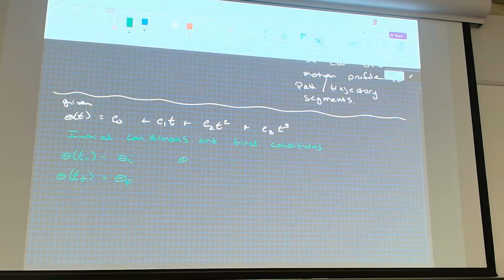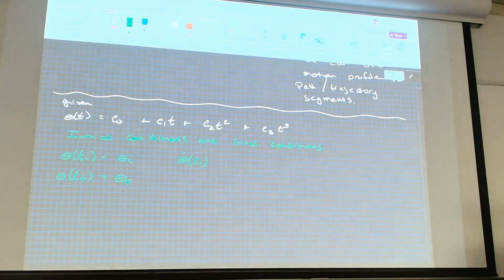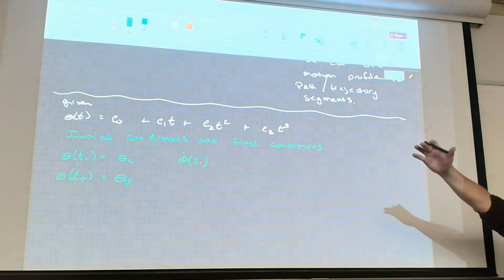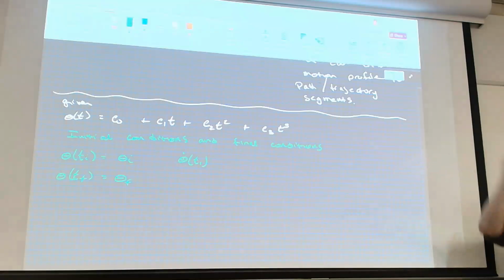Now, theta dot at t initial, so my starting velocity, it could be a velocity coming from a prior segment. It could be starting from rest. It could say, we're done moving, our final velocity is done moving, hence 0. So it depends on what we're doing, right?